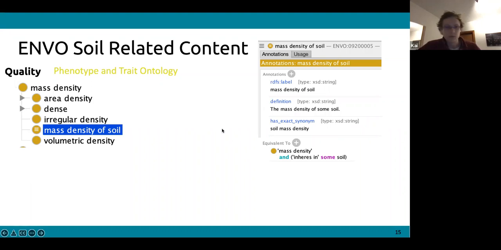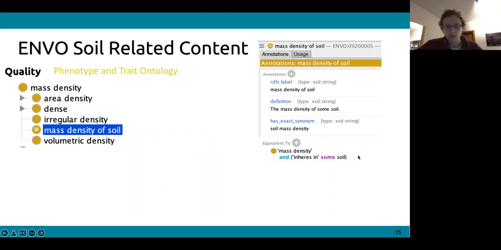This could be something more specific. So it could be mass density of a more specific soil subtype, for example sandy soil, though I'm not the expert in soil, so I'm not going to come up with a better example. These kinds of things can be used to create compositional terms, which could get proliferated out if there are a variety of terms that need to be created.